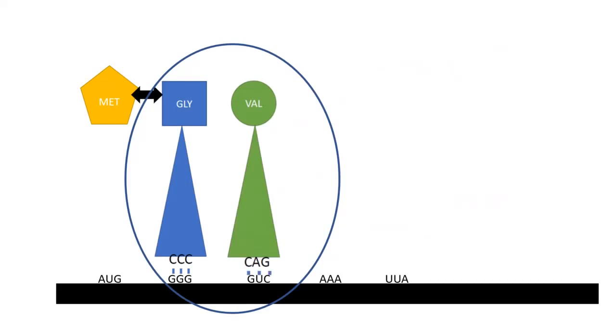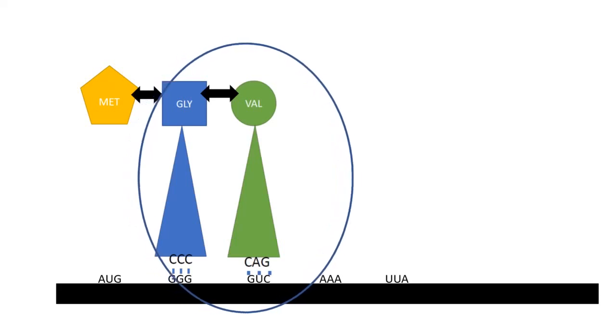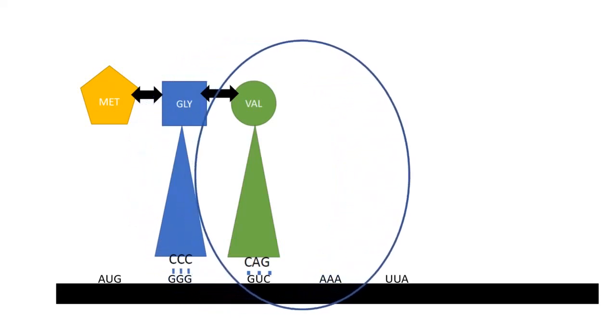Again, base pairing between codon and anticodon occurs, and again, a peptide covalent bond is produced between the 2 amino acids in the ribosome. In this case, it's now the 2nd glycine and the 3rd valine. And again, the ribosome moves 1 codon away, leaving an empty space for the 4th amino acid to arrive and be bound to the valine.